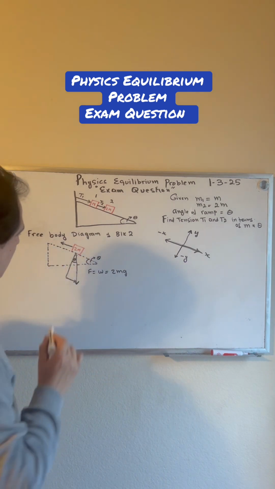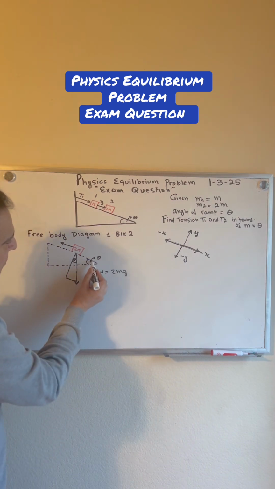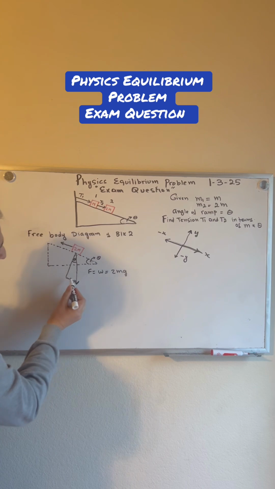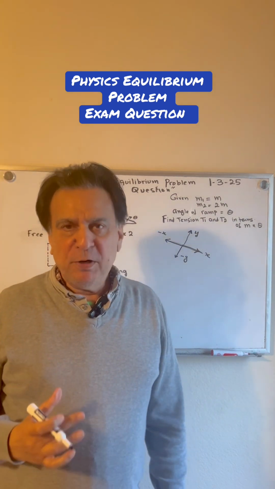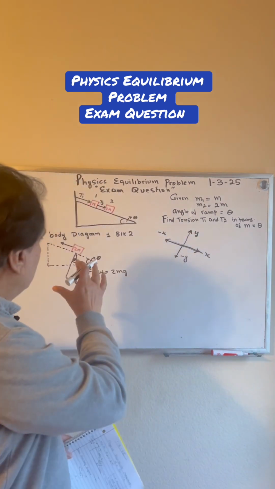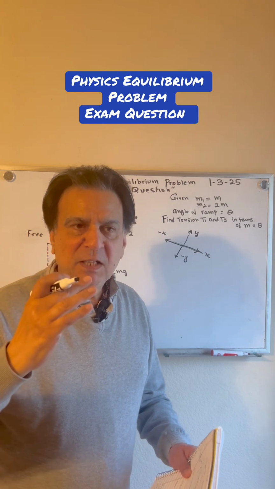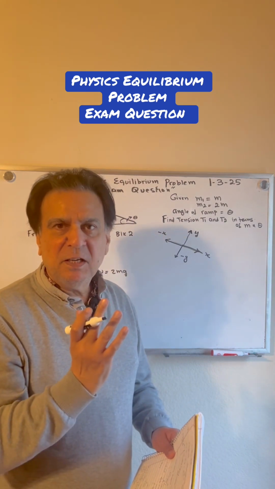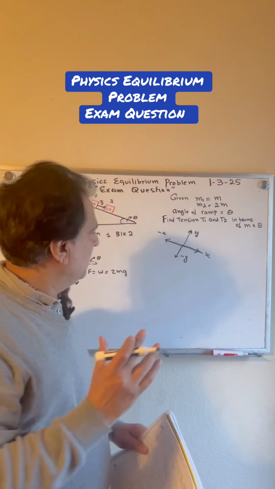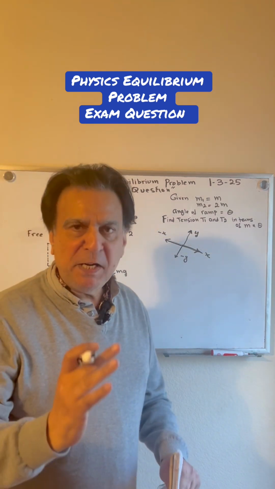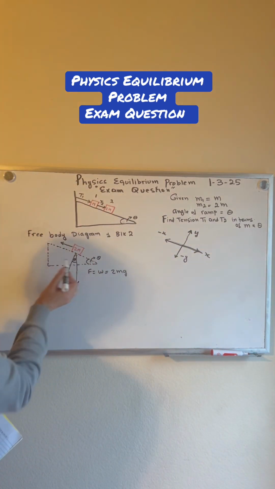And what I wanted to mention is that when you do this, this angle theta is always going to be this angle theta. This has been proven in geometry. I don't have time to prove this in geometry, but trust me, it is based on similar angles and so forth. If you're interested, I will probably do a lesson in geometry to prove that, but for right now, just trust me. This angle right here is equal to this angle.